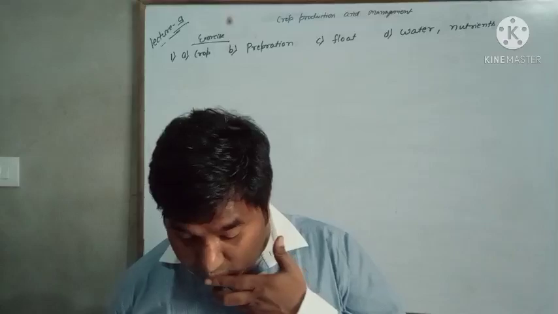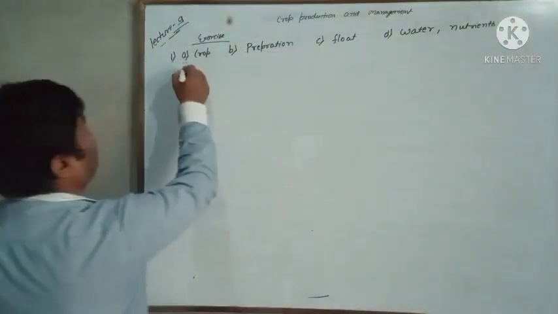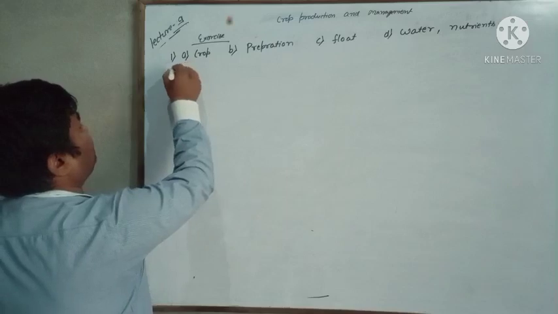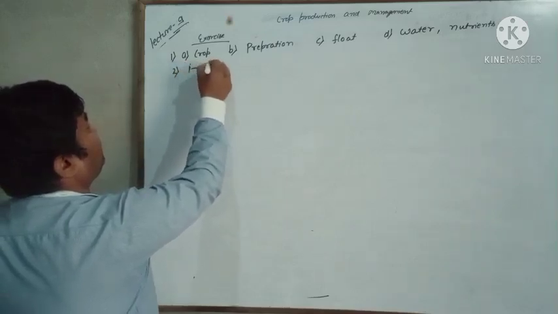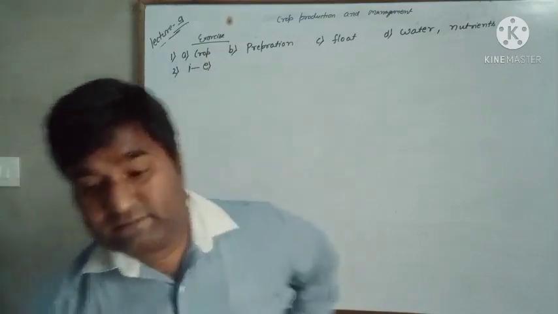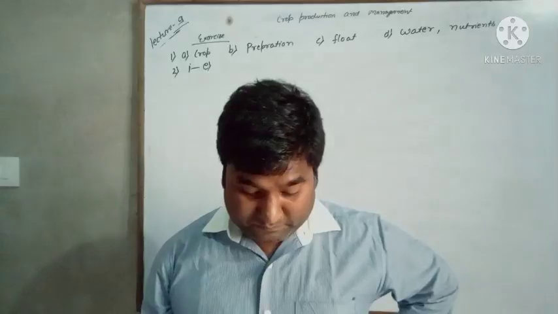First, kharif crop. So first will be E, that is paddy and maize.